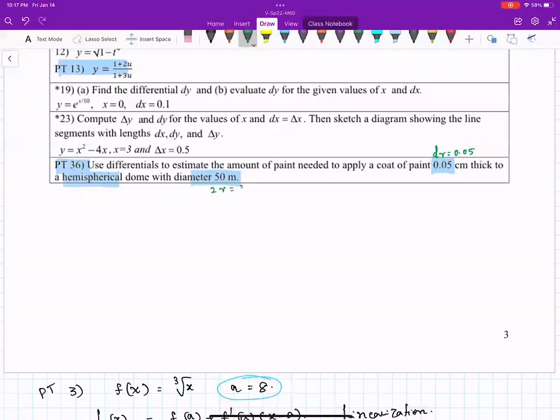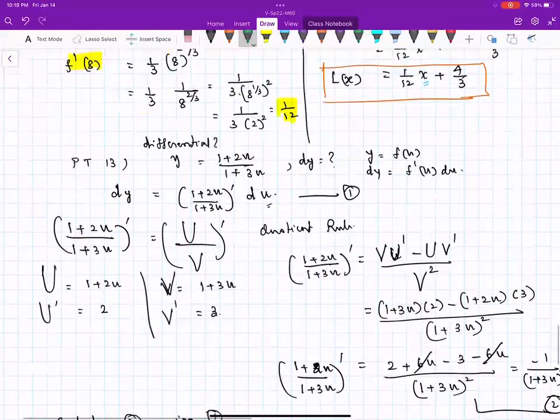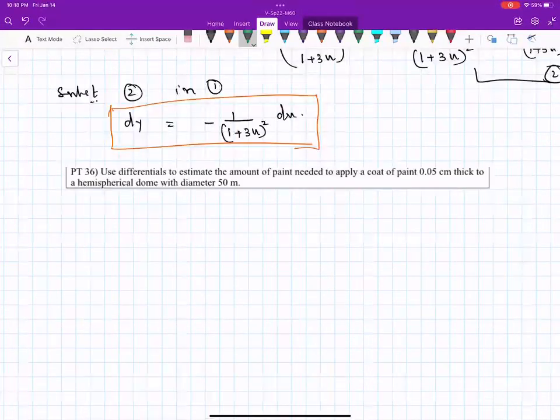The diameter is 50 meters, so 2 times the radius is 50 meters. One thing to note is that this is in centimeters and this is in meters, so you may want to bring everything to one unit. We will bring everything to meters here. So I have copied this problem here.